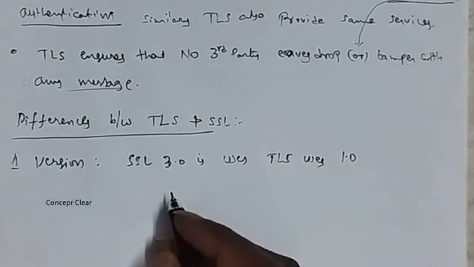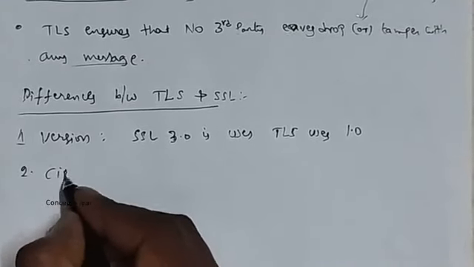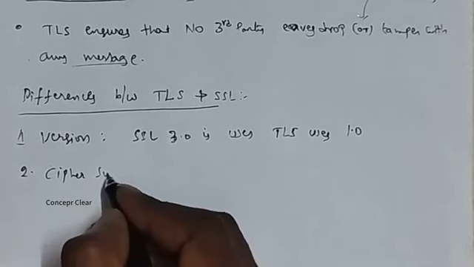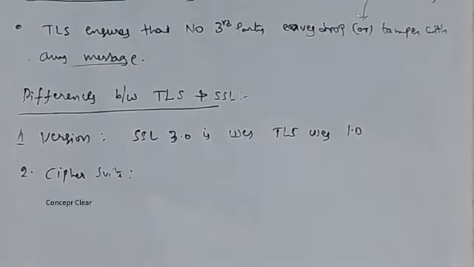Okay, the second one is cipher suite. What does cipher suite mean? SSL supports Fortezza, but TLS does not support it.